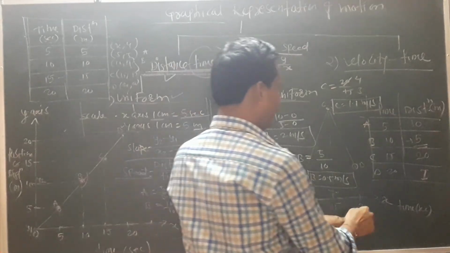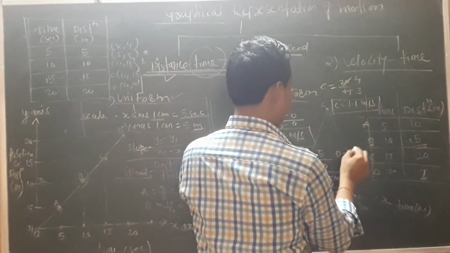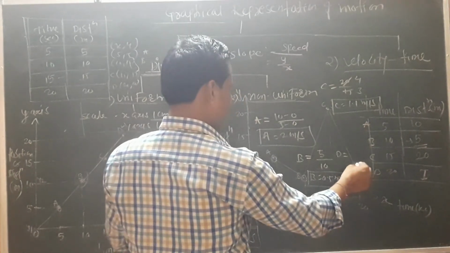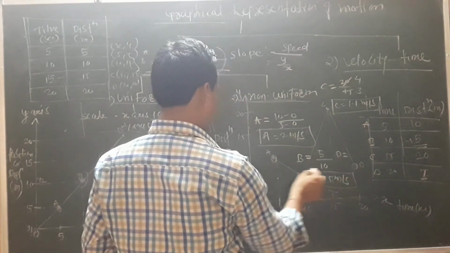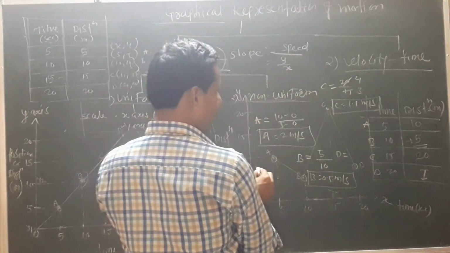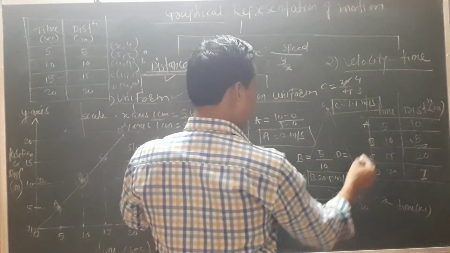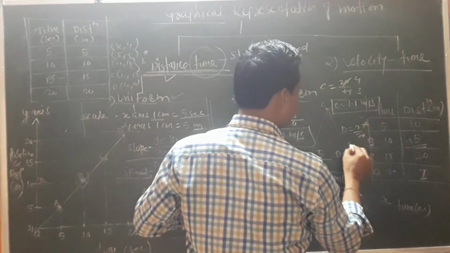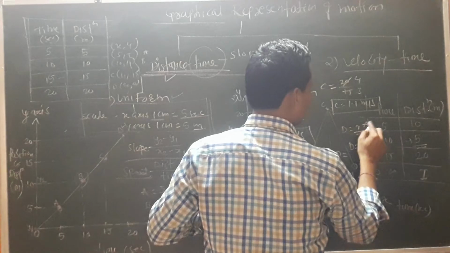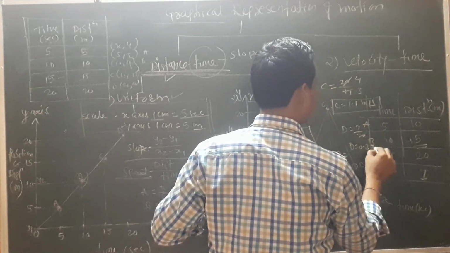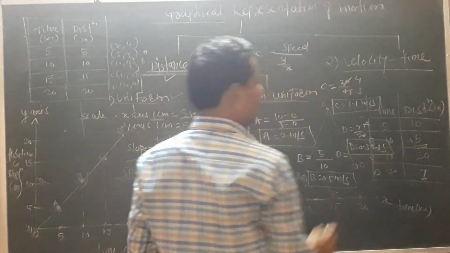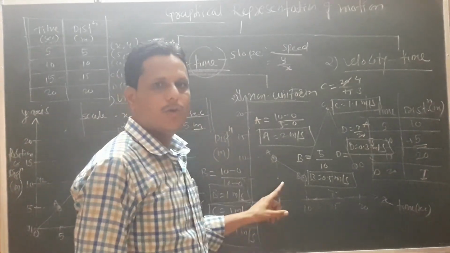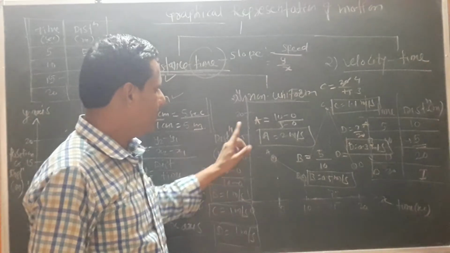Now go for point D. Here in case of point D, it is 7 upon 20. So it is something like 0.3 meter per second. Now what you have noticed here, the speed of my object is going to vary for each and every point.